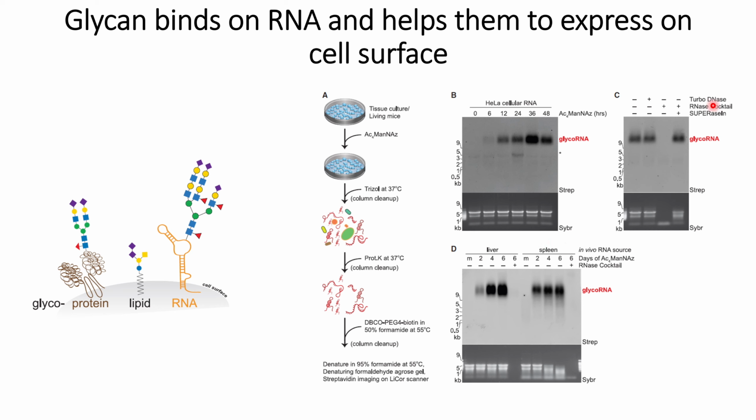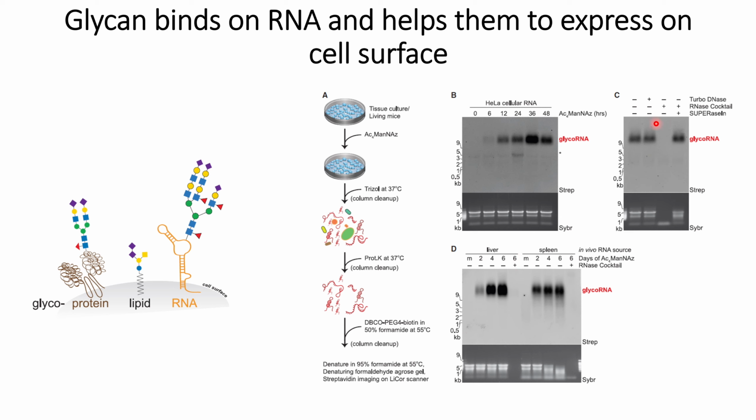Later, to confirm that this is because of RNA, they treated the samples with DNase to check whether these signals are because of DNA or something else, and also with RNase.